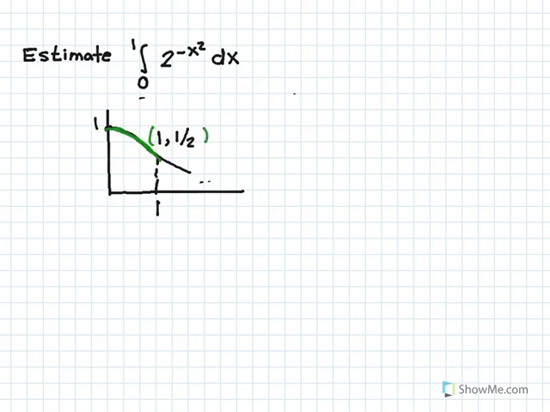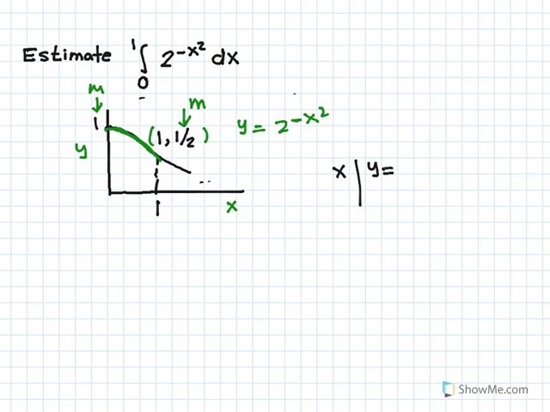So clearly, we can see that small m is 1/2, the absolute minimum, and capital M is 1. This is the x-axis, the y-axis, and y equals 2 to the minus x squared. Now let's show some of the computations.